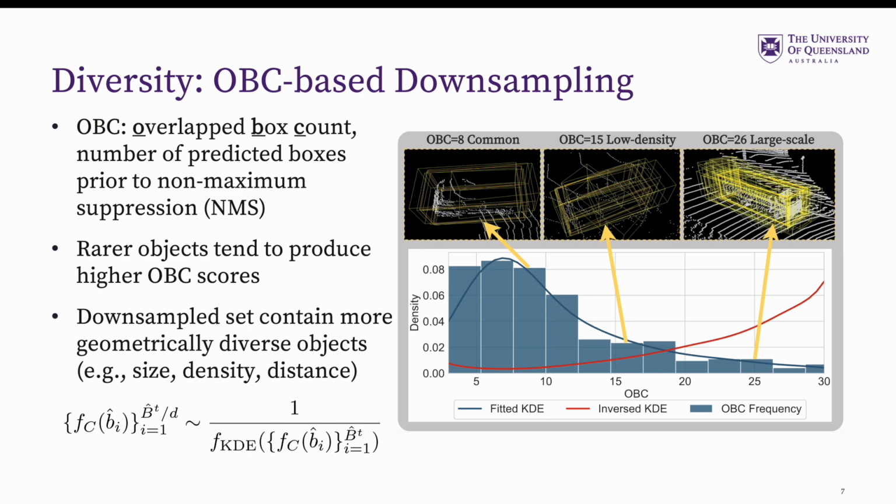We feed OBC values of the whole pseudo-label set to kernel density estimation, then use the inverse KDE probability density function that assigns higher probabilities to pseudo-labels with higher OBC values during the downsampling. This will produce a balanced OBC distribution in the downsampled set, indicating greater geometric diversity.